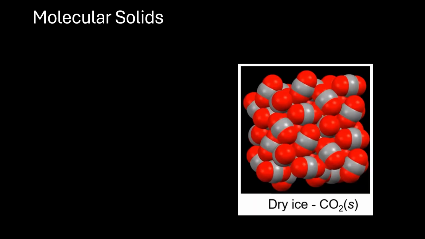Now, let's go ahead and talk about the second type of solids, which is going to be molecular solids. What you're going to see in the picture to the right is dry ice. So this is solid CO2. If you get CO2 cold enough, you're going to get dry ice. And the interesting thing about carbon dioxide is that it can sublimate, which means it can go straight from a solid to a gas. And you see that with dry ice.